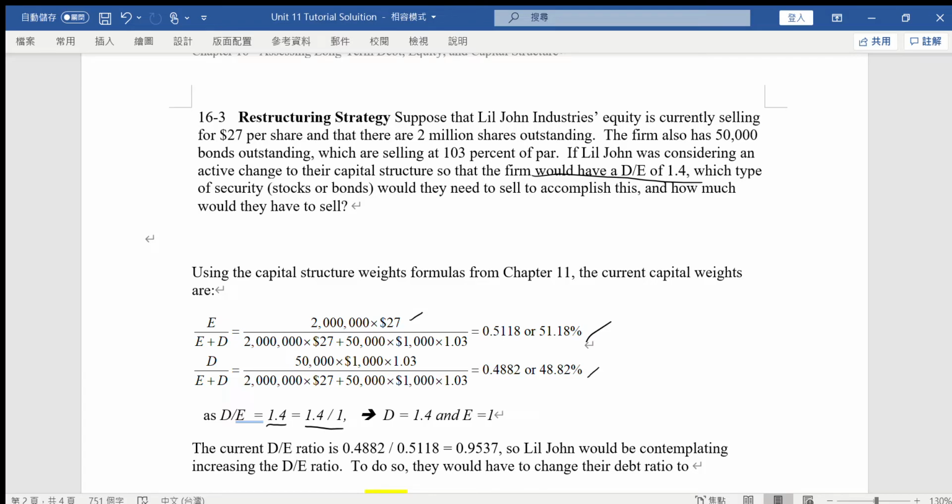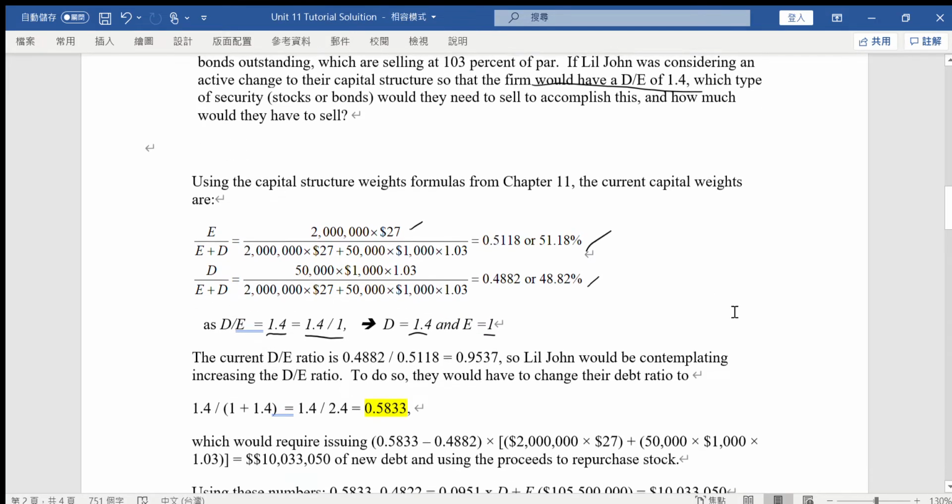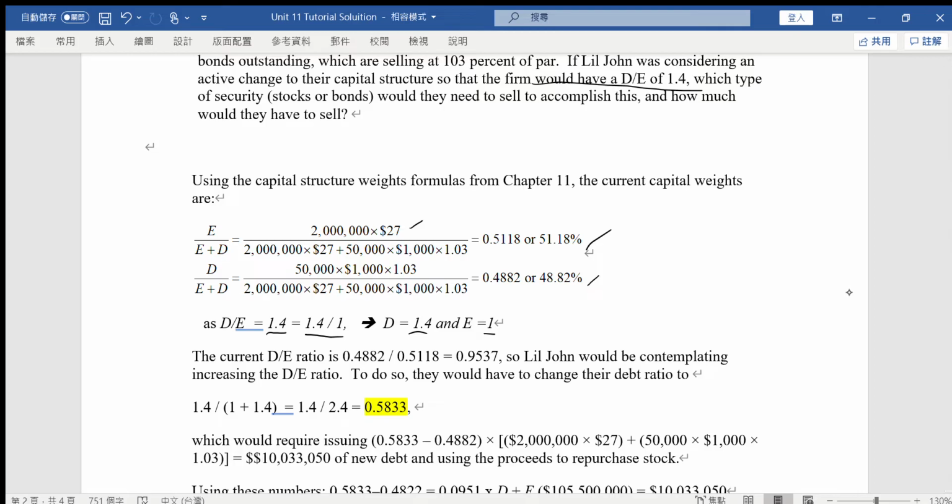It's so simple. Debt will be equal to 1.4 and equity is equal to 1. Because of that, we can change the concerning value, and you will find that the proportion of debt will become 1.4 over 2.4.